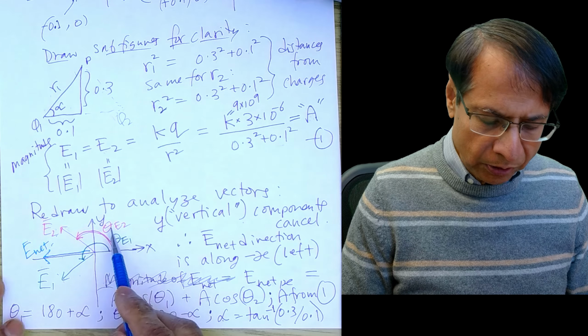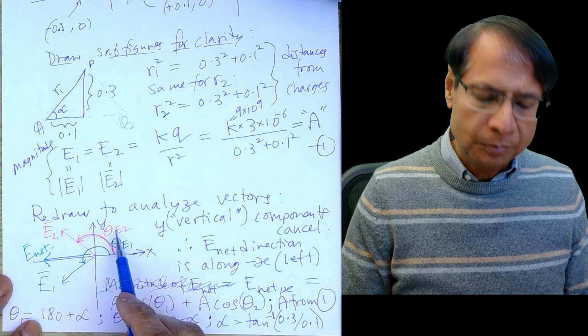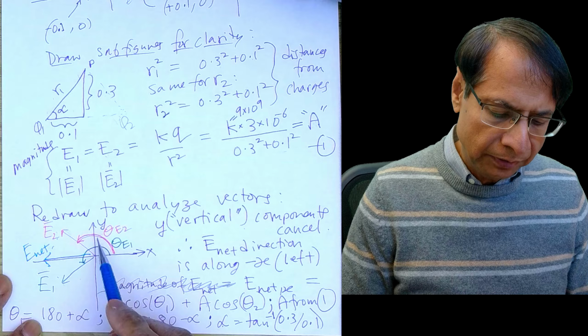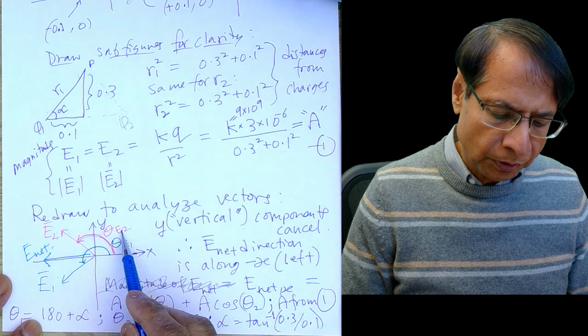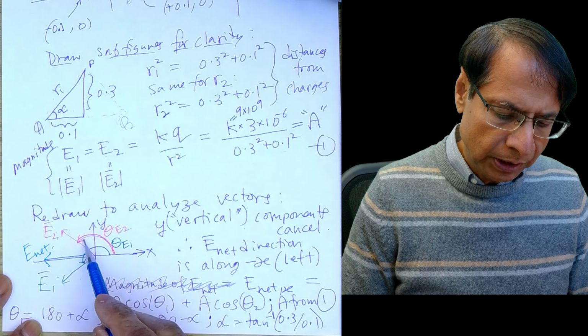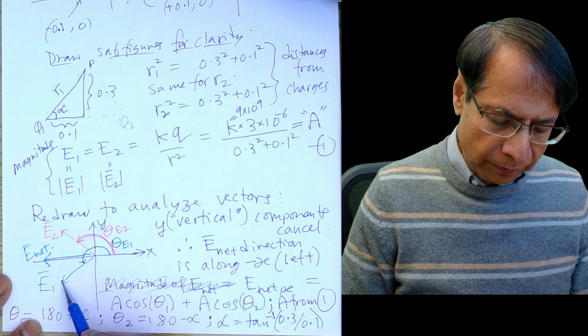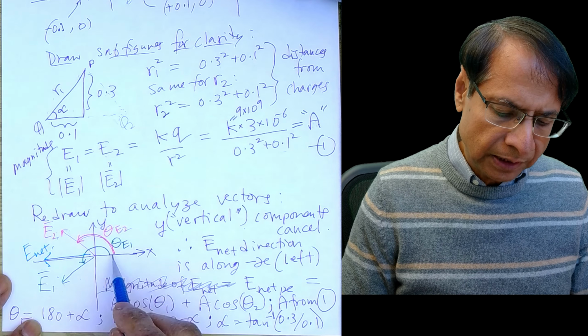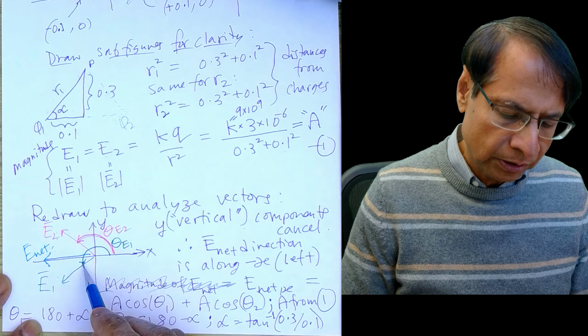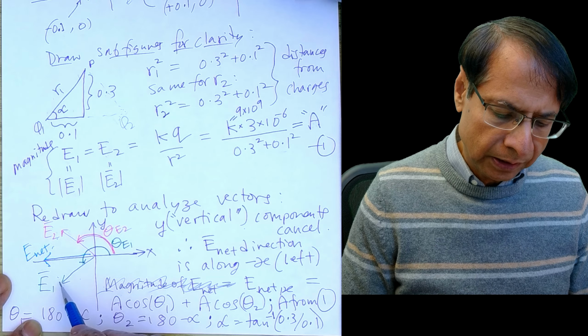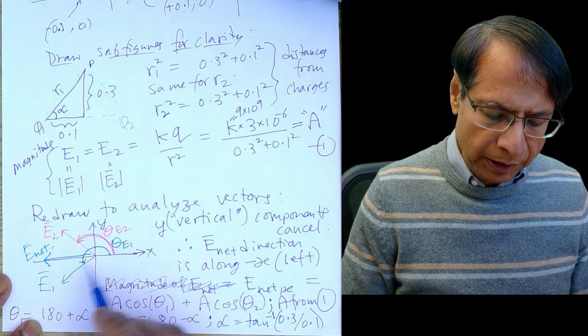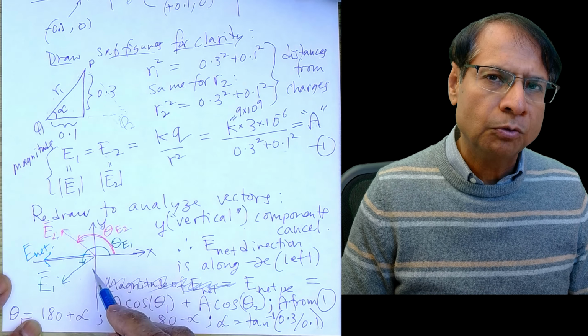So this pink or reddish angle that you have here is theta for E2. And for vector E1, you start from the x-axis, you go counterclockwise, keep going until you come to that vector. This is that angle. So the angle theta for E1 looks like it's more than 180 degrees.